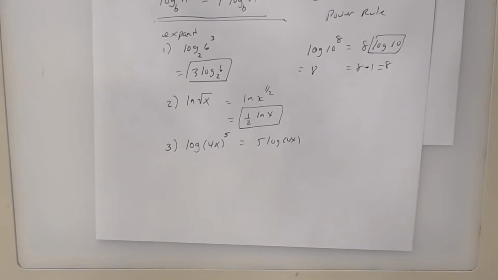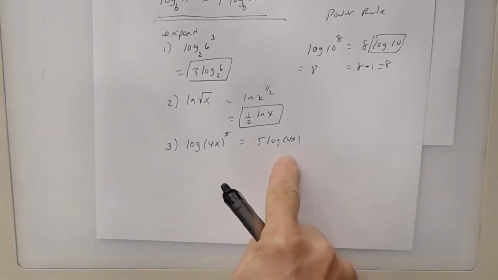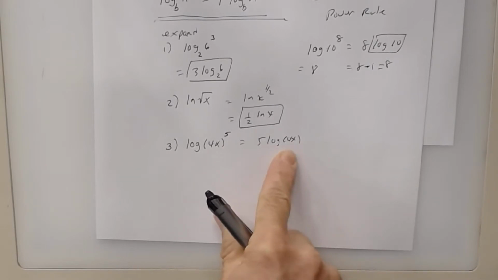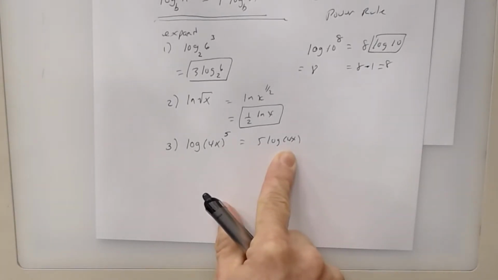I'm not going to say a word. You're wrong. Say it again? Product rule. Am I taking the log of a product? Guys, am I taking the log of a product? So can't I change it to an addition problem? Yes.